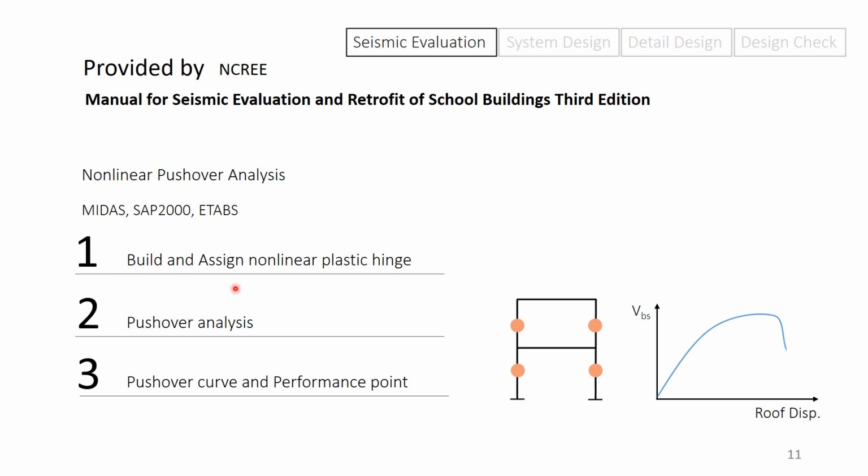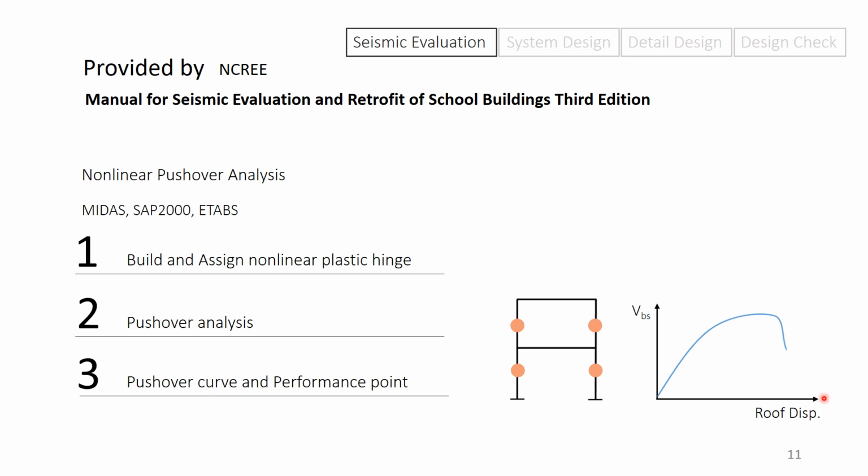First, we have to build the structure model and assign a nonlinear plastic hinge to the structure. And second, we will carry out the pushover analysis in the software. And third, after the pushover analysis, the pushover curve is obtained, like the right side.